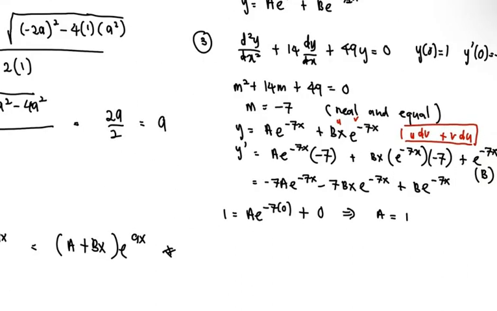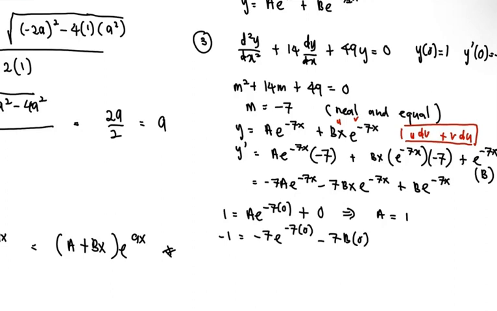Then substitute the second initial condition. Which one? The second, y prime 0 is minus 1. So substitute into this equation. So we have minus 1 equal to minus 7a. a is 1. So minus 7 e to the minus 7 times 0 minus 7bx, sorry, minus 7b times 0.